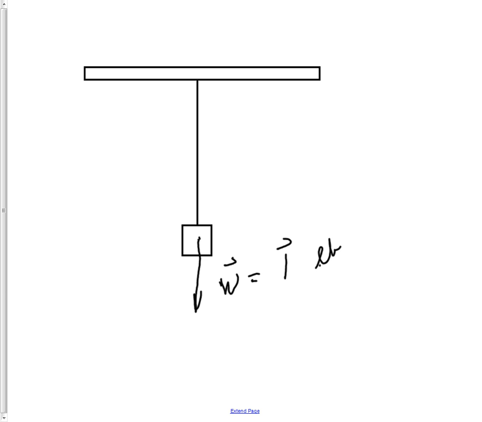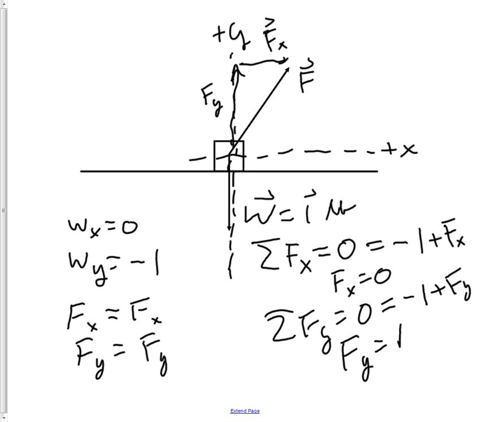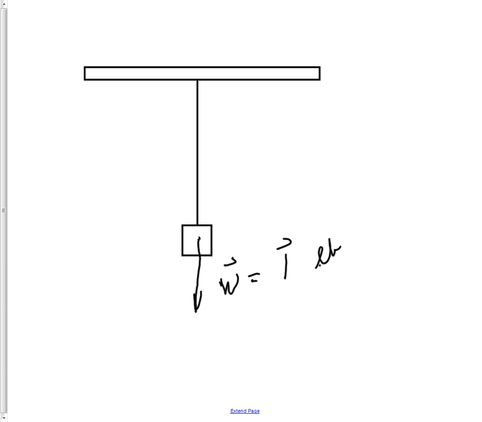Are there any other forces on the coffee cup? Of course, the answer is yes. It's not the tabletop holding it up. Now it's the string holding it up. So the string exerts a force on the coffee cup, because if the string weren't there, the coffee cup would fall to the ground. And again, I could say I'm totally ignorant of what the force of the string on the coffee cup is, and go through the procedure that I did back in the horizontal tabletop problem, but I won't.